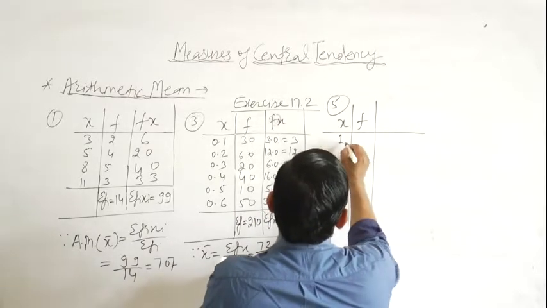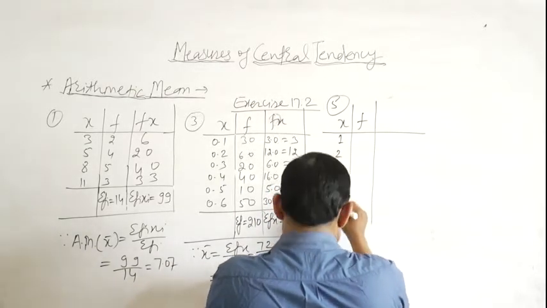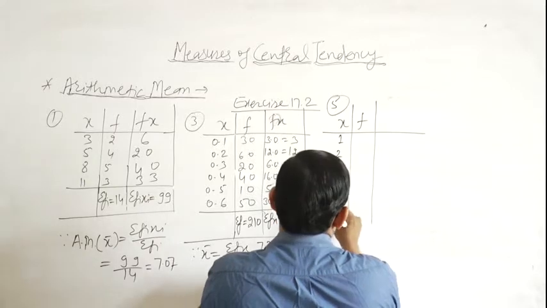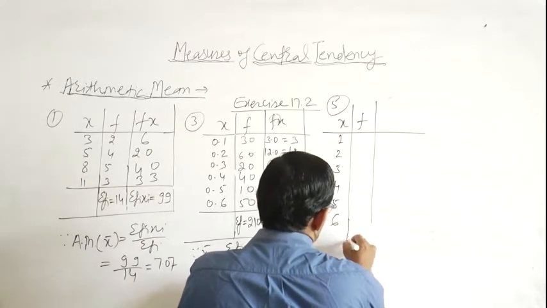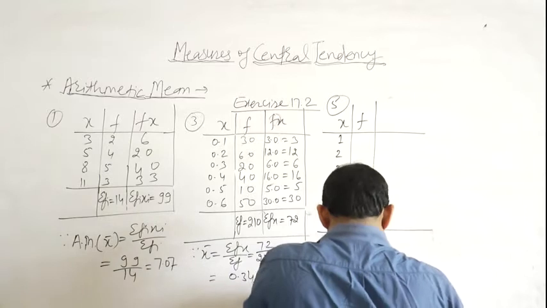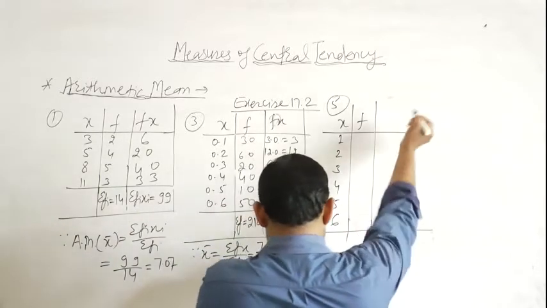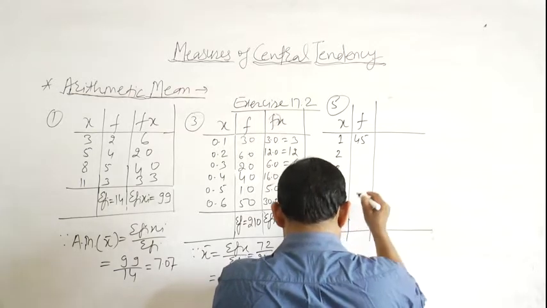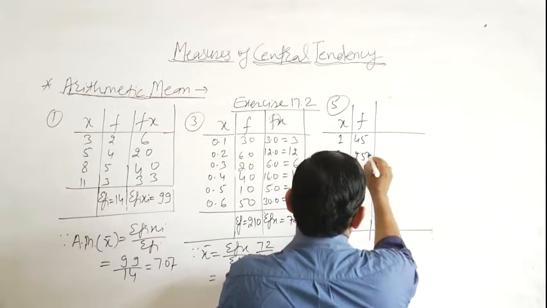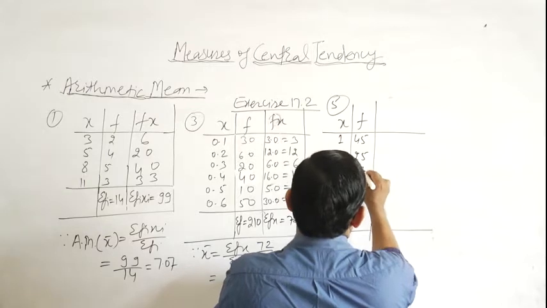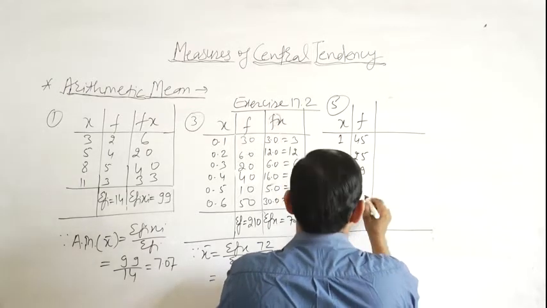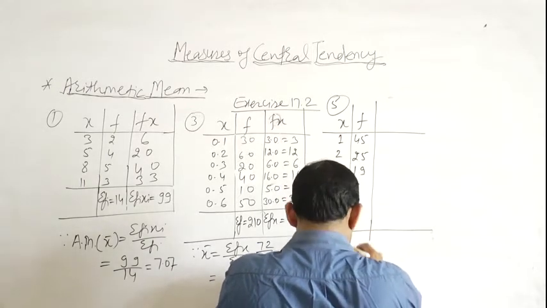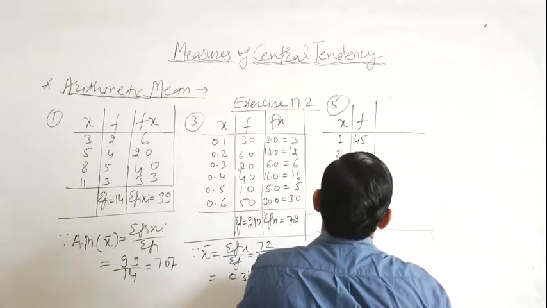Number of children 1, 2, 3, 4, 5, 6. And number of families, the families which have one child 45, then 25, 19, 8, 2 and 1.